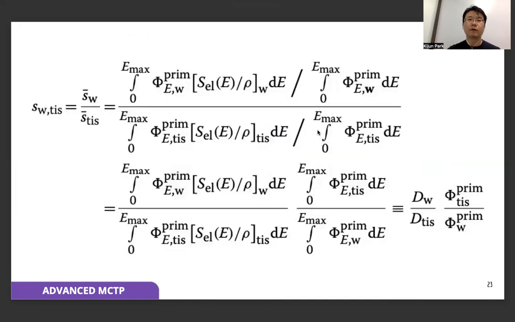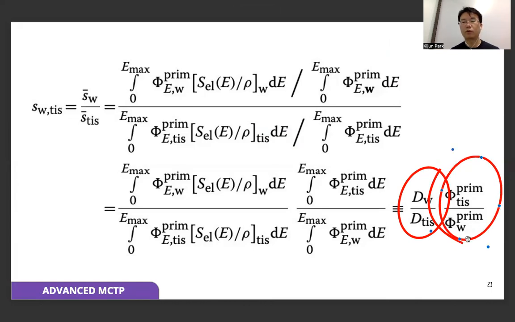So finally, the stopping power ratio between water and tissue should be taken into account with the dose ratio between water and tissue, multiplied by the fluence differences between tissue and water. With that correction factor taken into account, we can expect precise stopping power ratio and dose calculation.